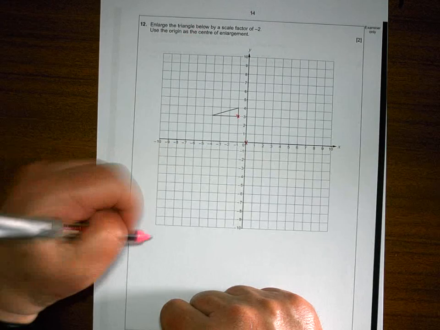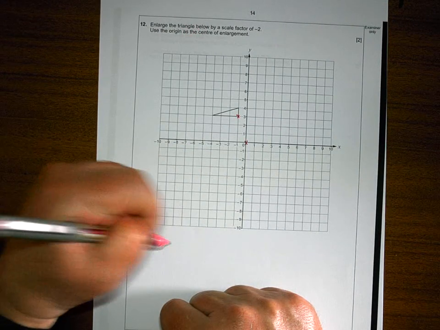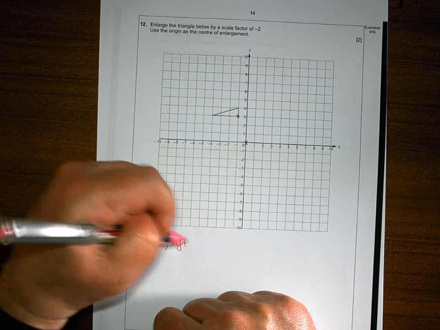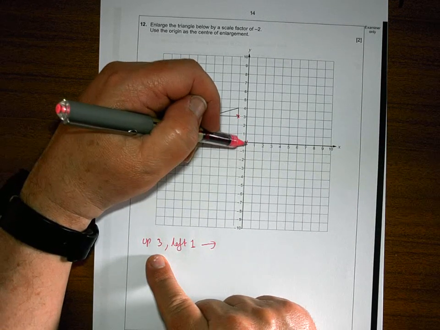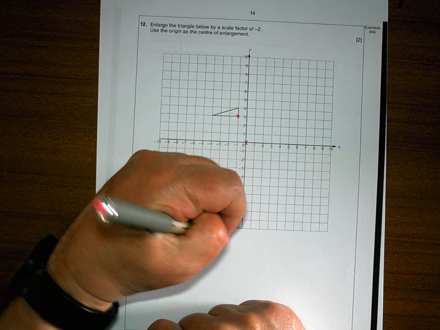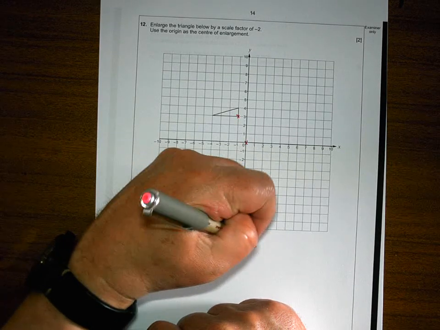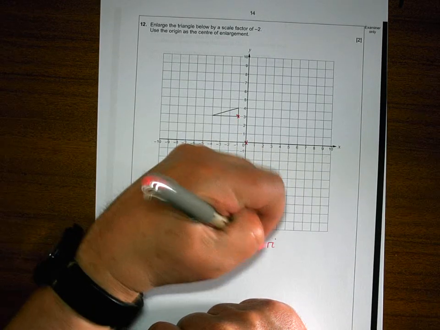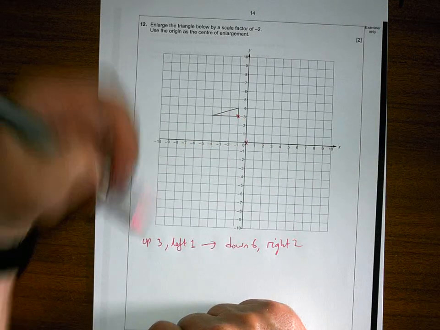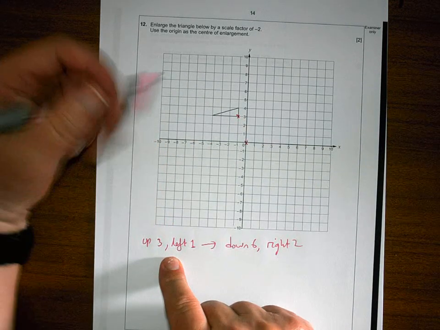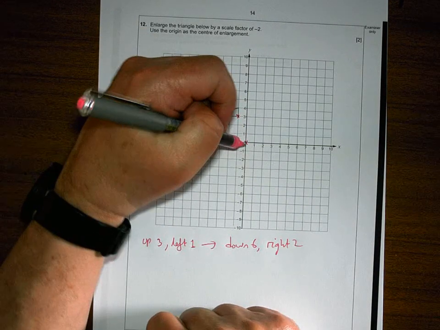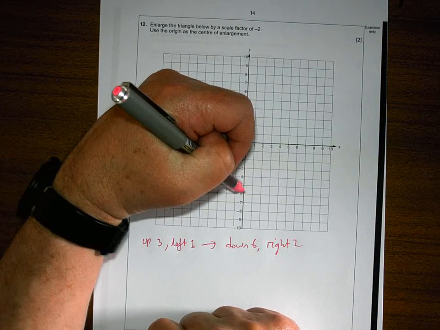That is going to become down 6, right 2. So we're reversing the motion and doubling the size. So back to the origin, down 6, right 2. So that one ends up there.